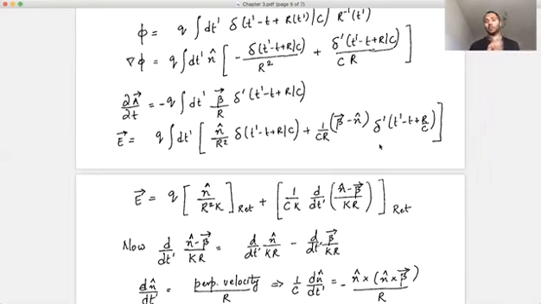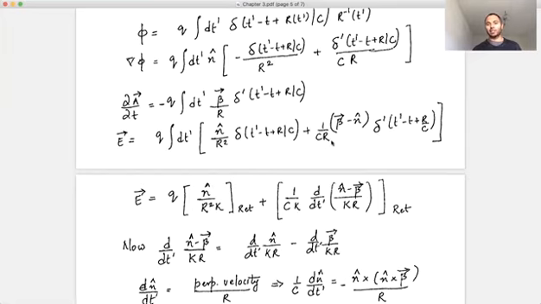Now it's very similar if you have a derivative of the delta function. So instead of just getting the value of the function itself at some point, you get the value of its derivative at that point.